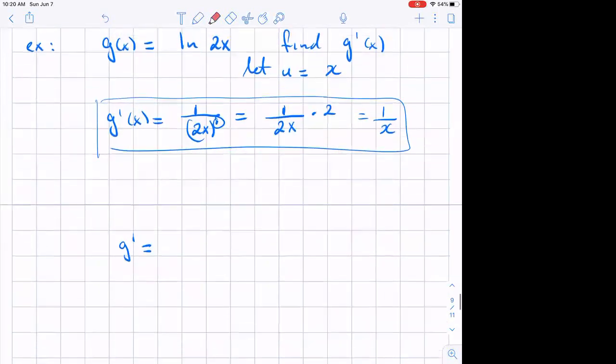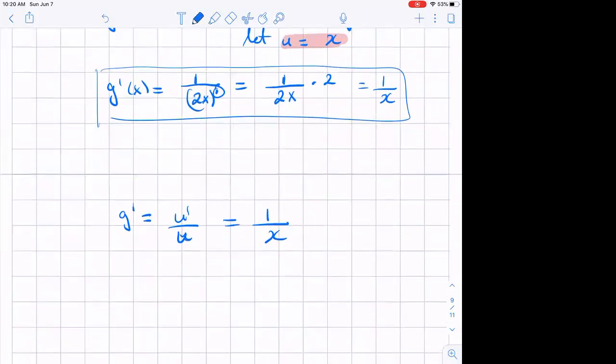So if u is equal to this, what's the derivative? U prime over u will be 1 over x. Okay. So you basically have to just try these problems and apply the rules that we have.